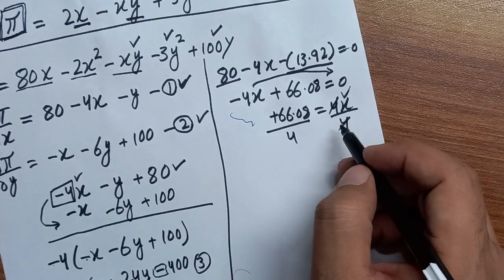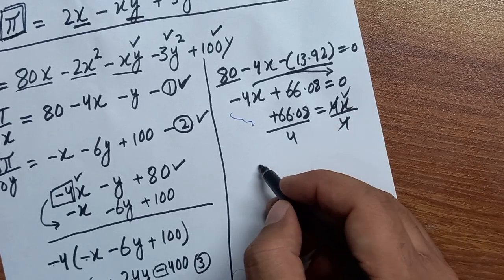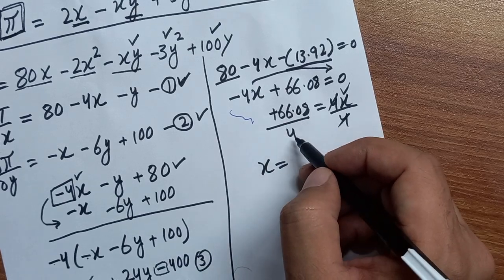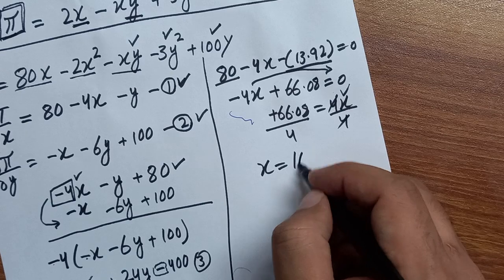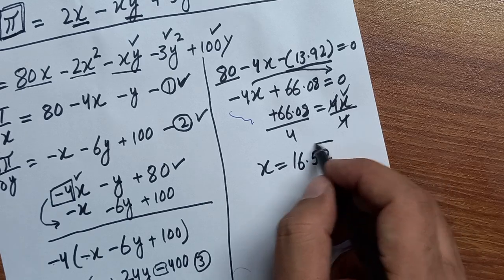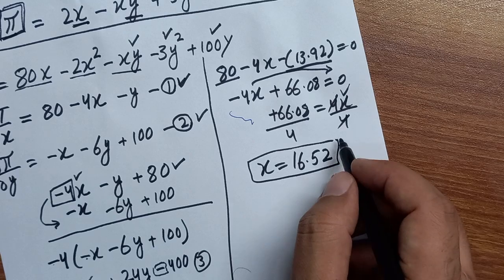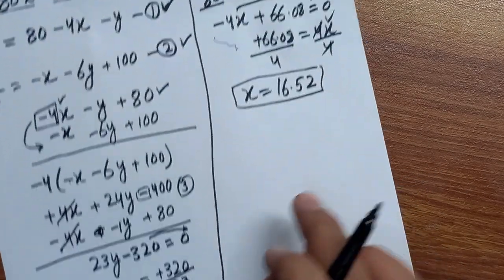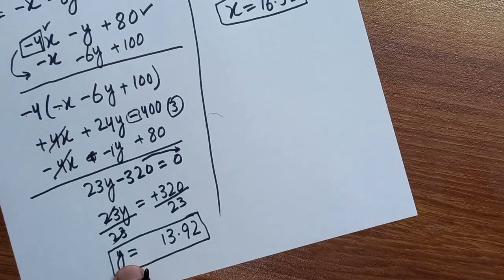This will cancel with each other, only x is remaining, and when we are dividing this value by 4, it will be equal to 16.52. So now we found both. We found x, we also found y.